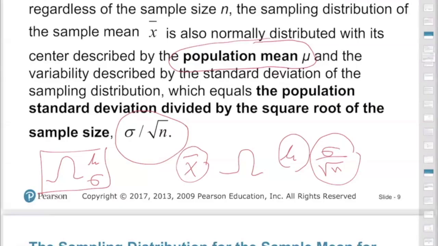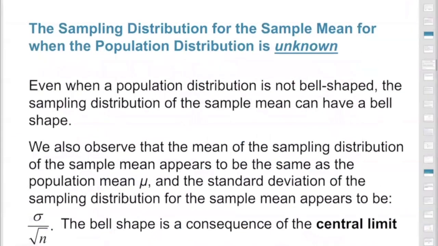This is if the population is normally distributed. What if the population is unknown, any other distribution, any other shape, for example skewed to the left or to the right? In this case, we apply something called the Central Limit Theorem. The Central Limit Theorem needs just one thing: a very large sample.